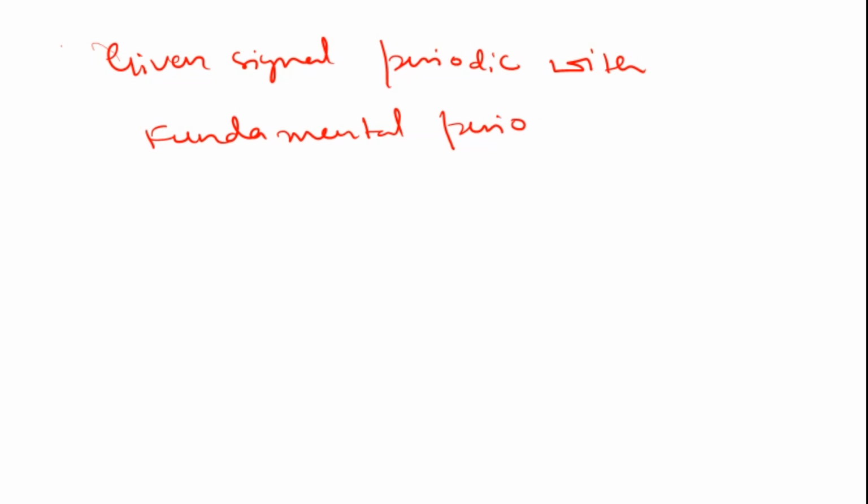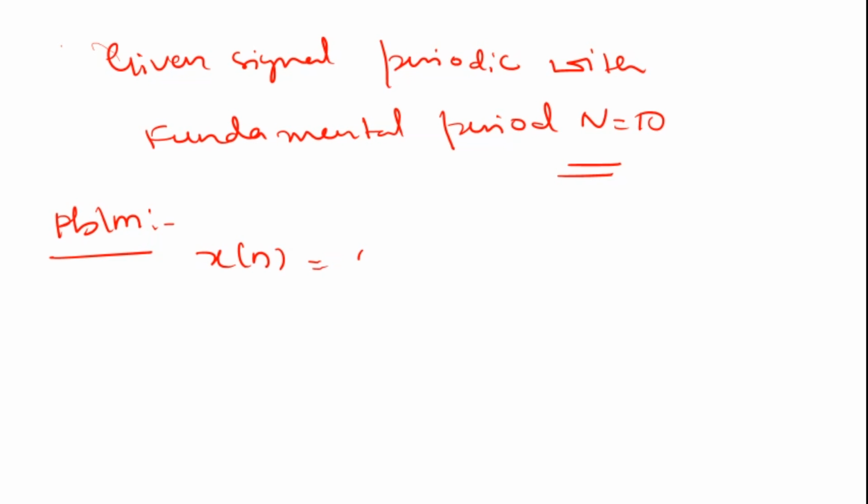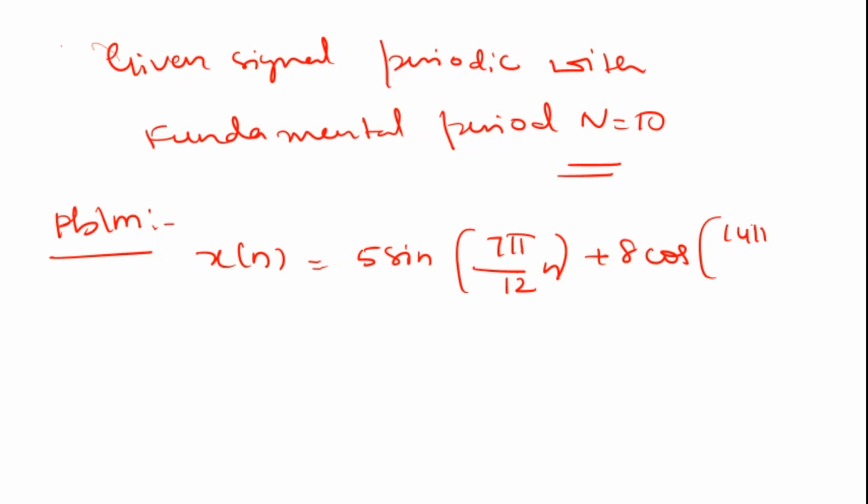Next problem, x of n is equal to 5 sine 7 pi by 12 n plus 8 cos 14 pi by 8 into n, where ohm naught 1 is equal to 7 pi by 12, which is equal to 7 by 24 into 2 pi, or m by n1 is equal to 7 by 24.